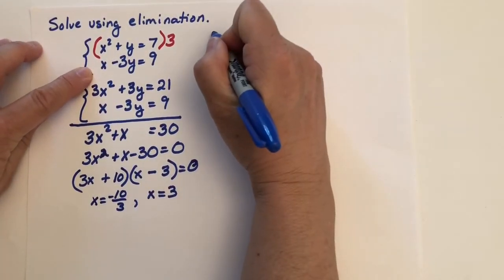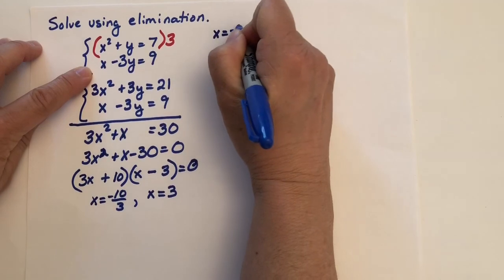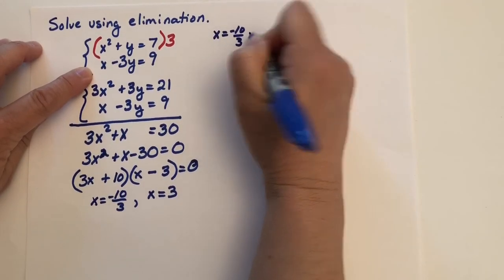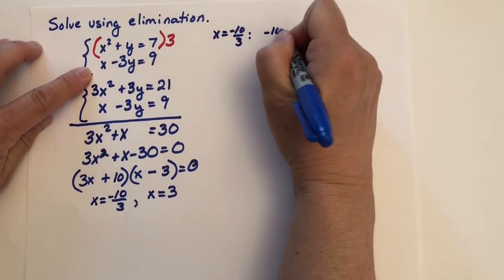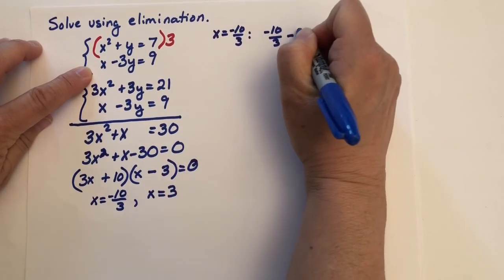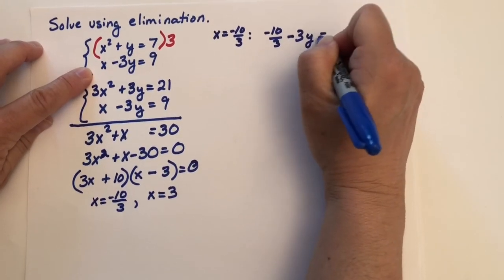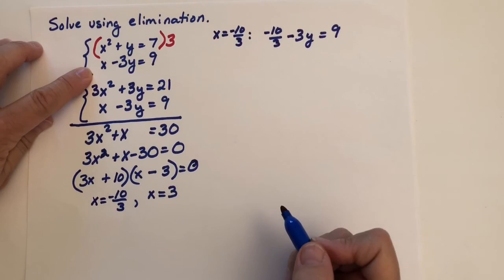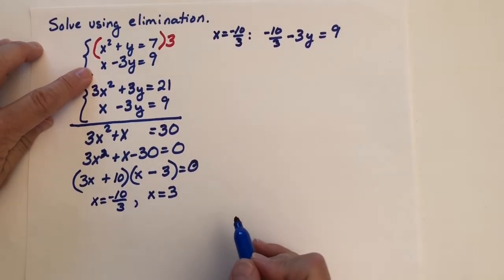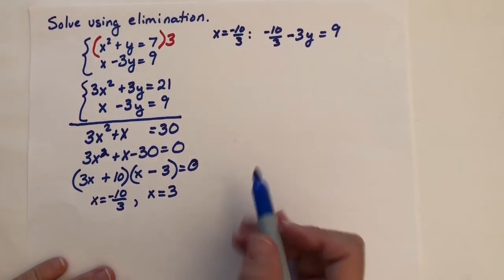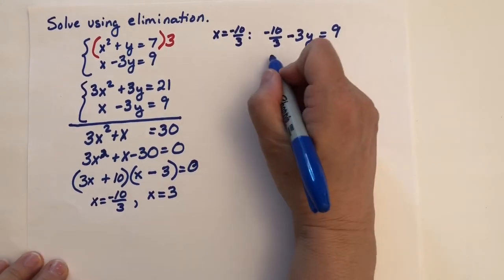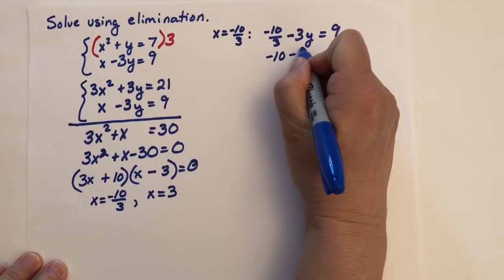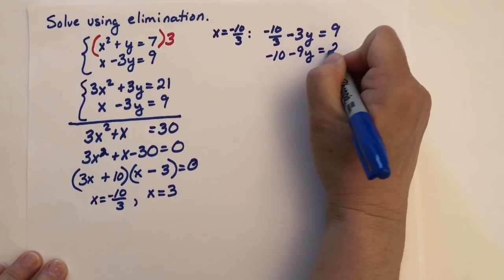So I'm going to substitute in x equals -10/3 into this equation. So I have -10/3 minus 3y equals 9. You could just add 10/3 to both sides, or you can clear out the fractions. I think I'll do that. I'm going to multiply by 3. So I have -10 minus 9y equals 27.